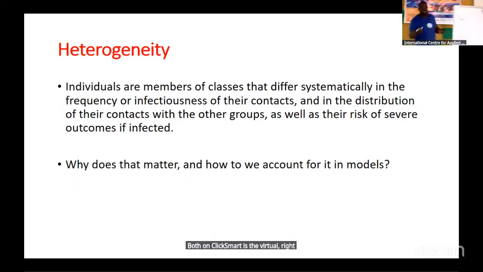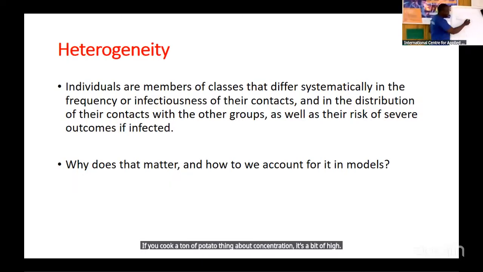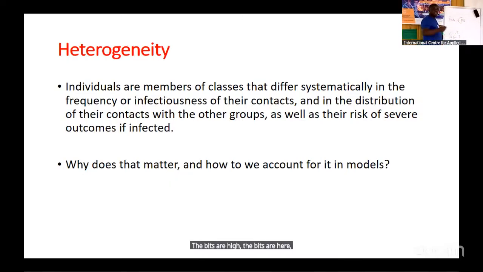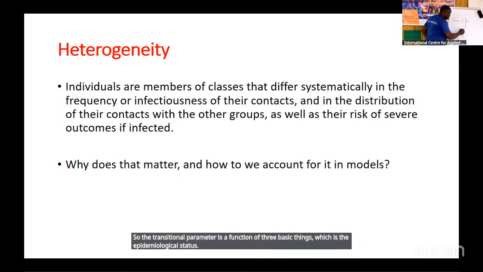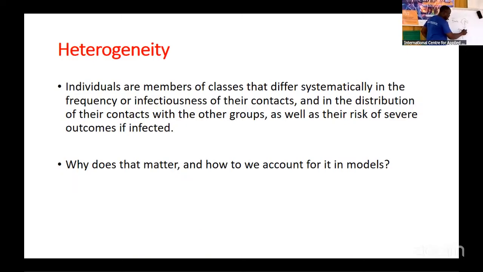One important thing about the force of infection is the beta, the transmission parameter. The transmission parameter is a function of three basic things: epidemiological factors, environmental factors, and sociological factors.